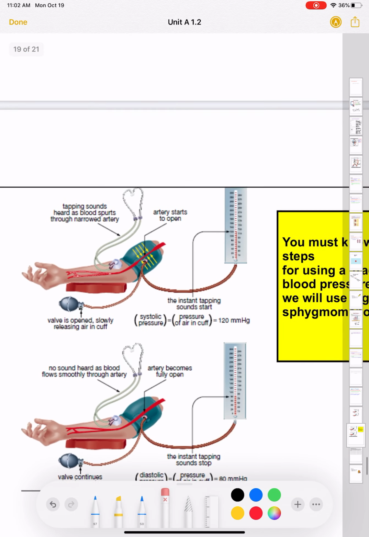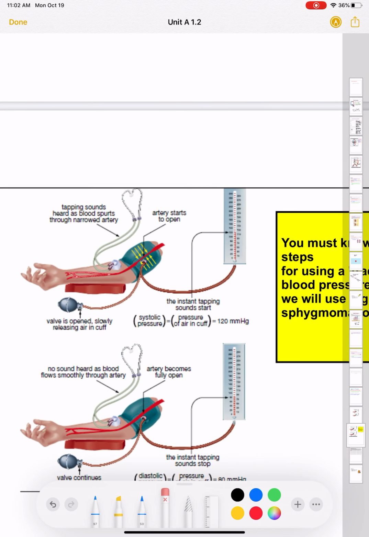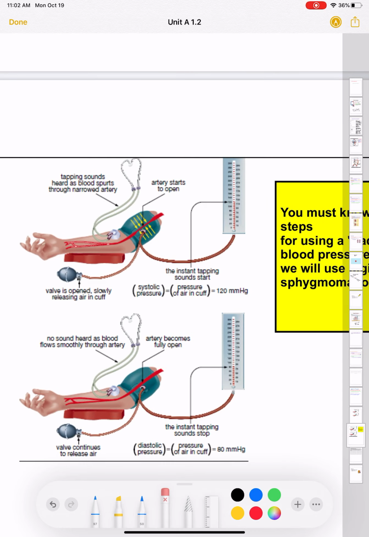Then it says tapping sounds heard as blood spurts through narrowed arteries. The artery starts to open. Your valve on your bulb is slowly releasing air. As you do that, once it becomes fully open, you finally start to hear the blood move through the artery, and you're going to write down that number as well.